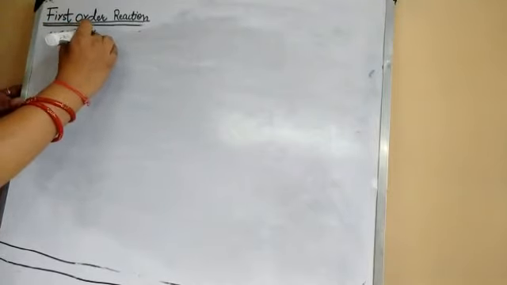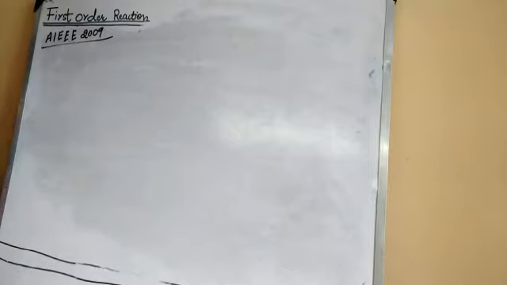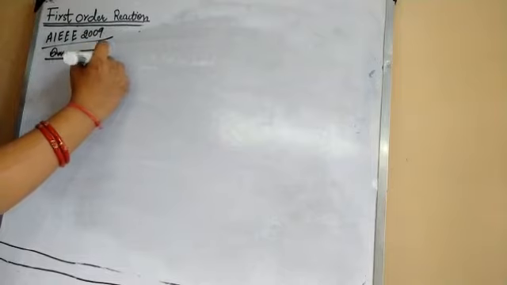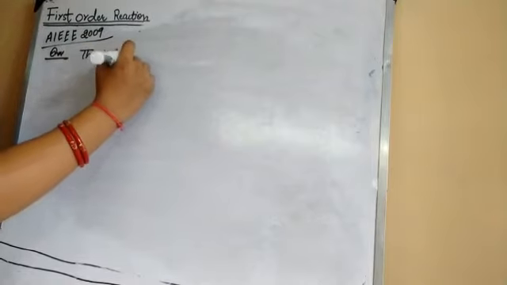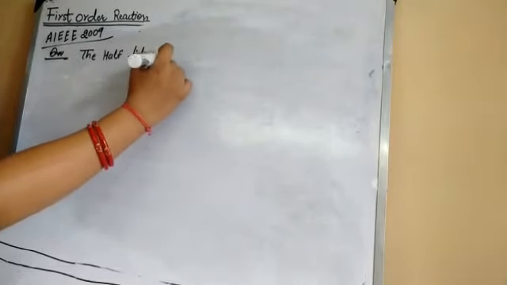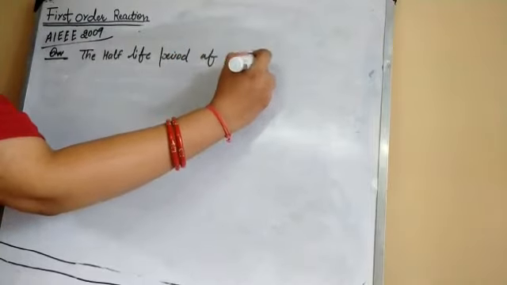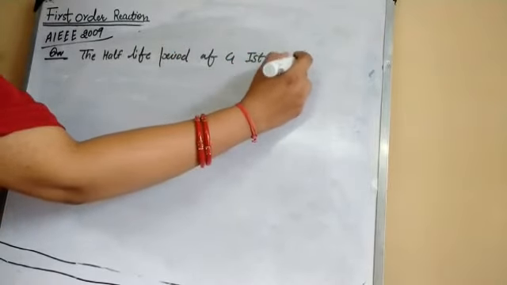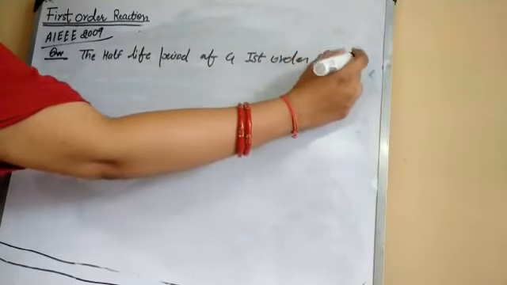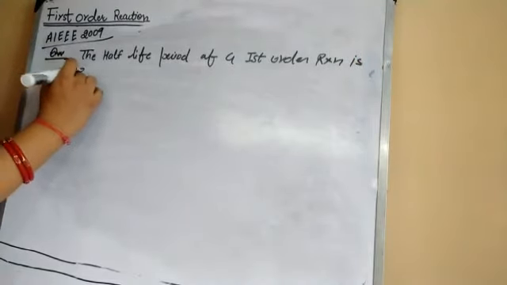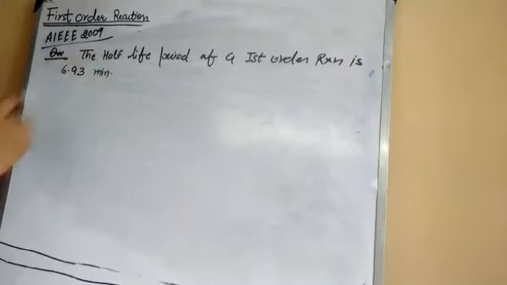So first I am doing one numerical that came in AIEEE 2009. The question is: the half-life period of a first order reaction is given as 6.93 minutes.